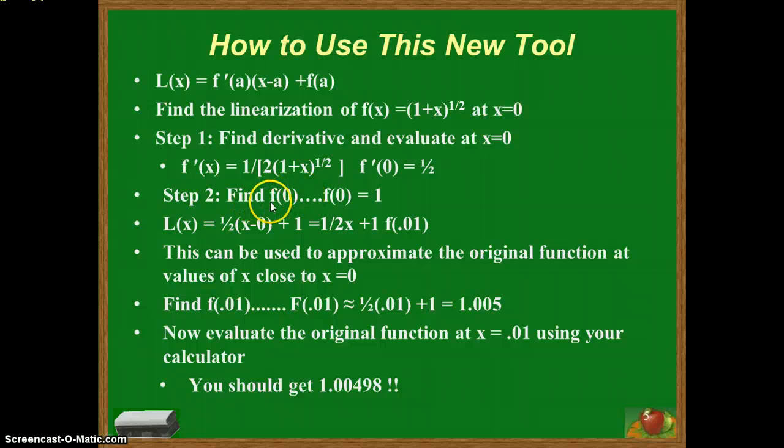Find f of a, because you need f of a. f of 0 in this case equals 1. I found that by sticking it into the original function. So L of x equals 1/2 times the quantity x minus 0, plus 1, which reduces to 1/2 x plus 1.